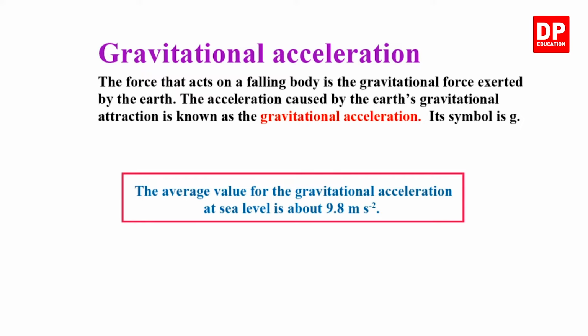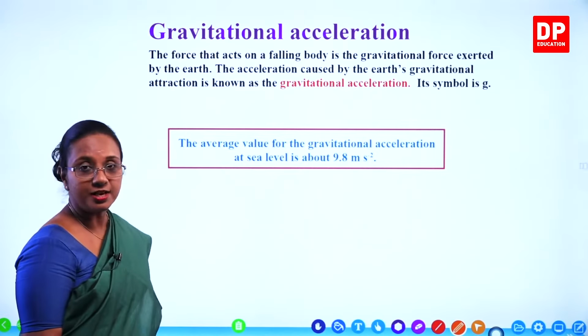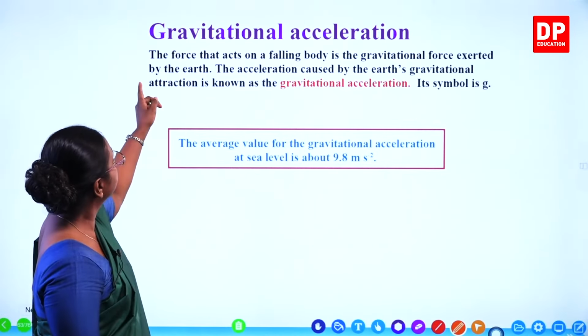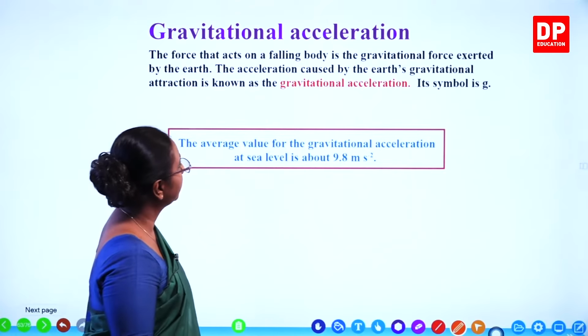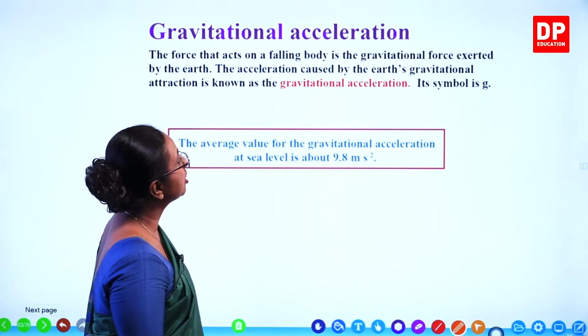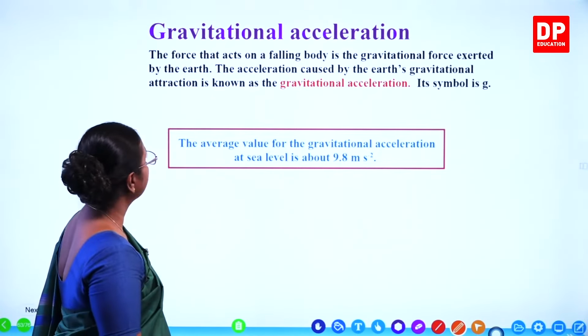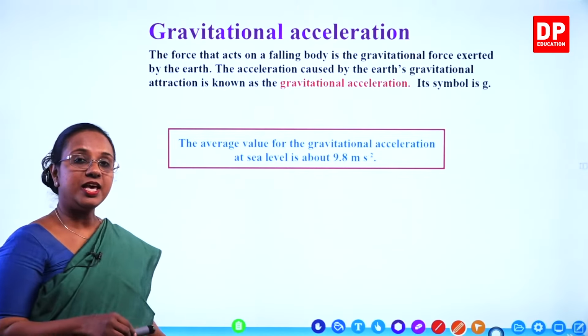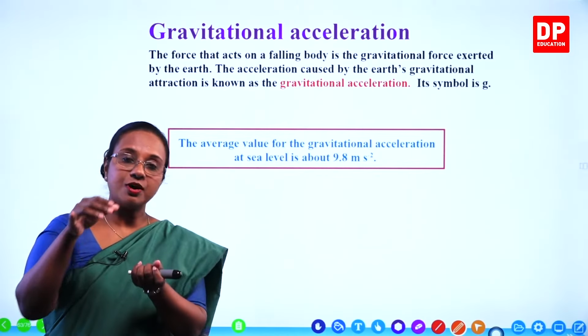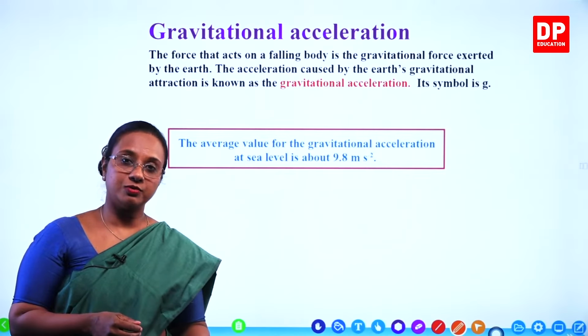You all are familiar with this gravitational acceleration. The force that acts on a falling body is the gravitational force exerted by the earth. Now say if I take this pen, I drop it down, it comes down.